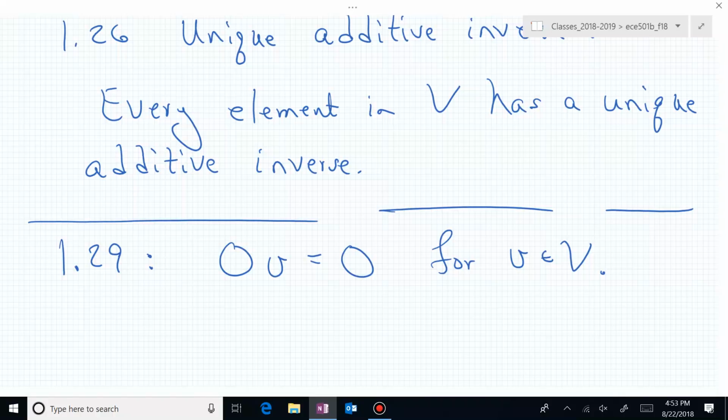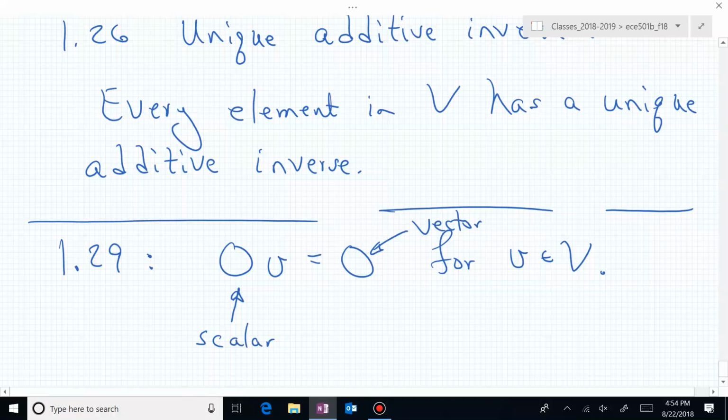Well, they look about the same, but you can't draw very well. What's the zero on the left? That's a scalar. What's the zero on the right? A vector. So these aren't the same, although they look about the same. So we're overusing zero.